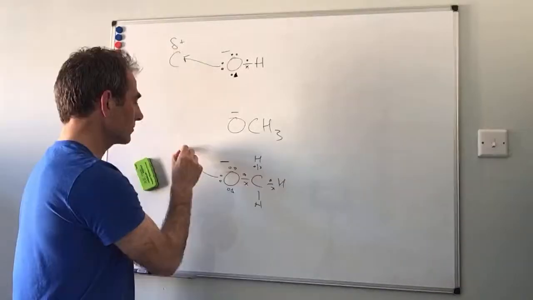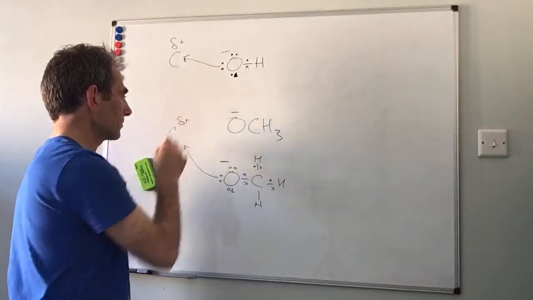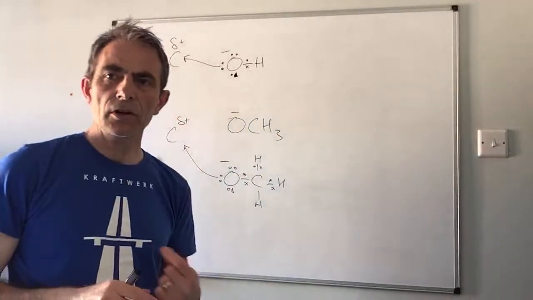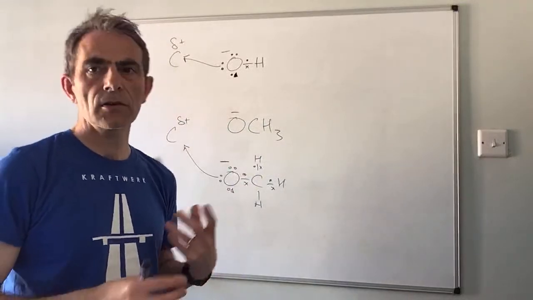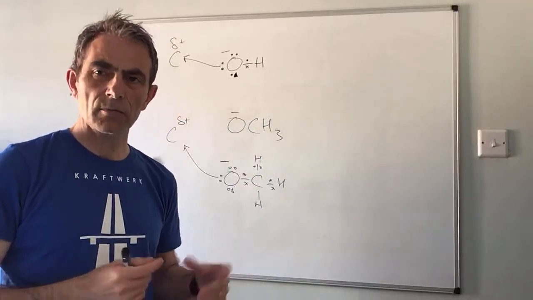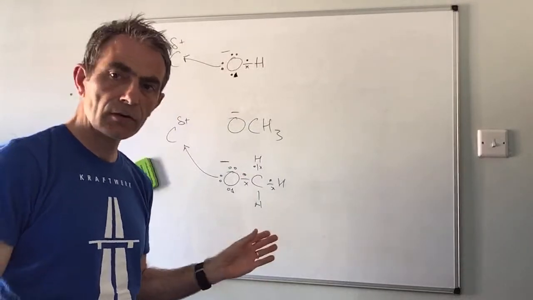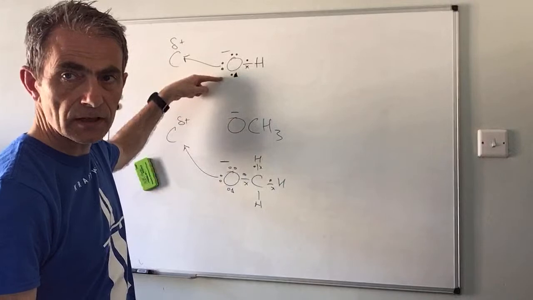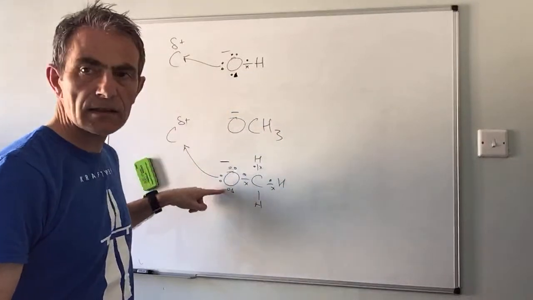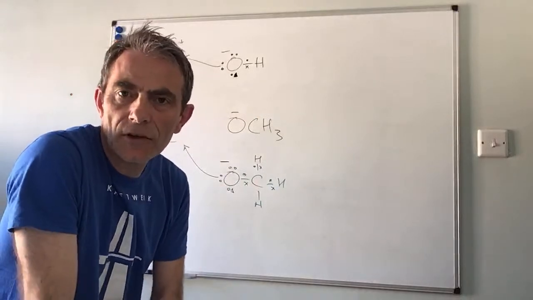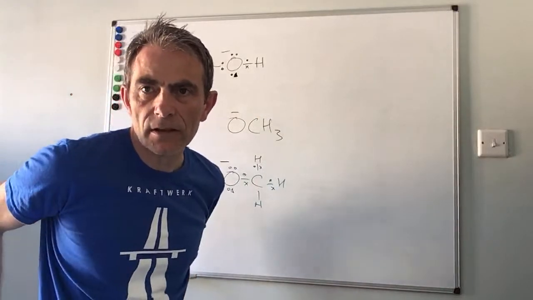So that would be what attacks the C delta plus. Okay, so you're not expected to know all of this stuff off by heart, but you are expected to work it out from what you do know. So you do know that, hopefully. Can you link it to that? Have I answered your question? It's difficult, I can't hear you. So I've got to wait for your answer to come in.